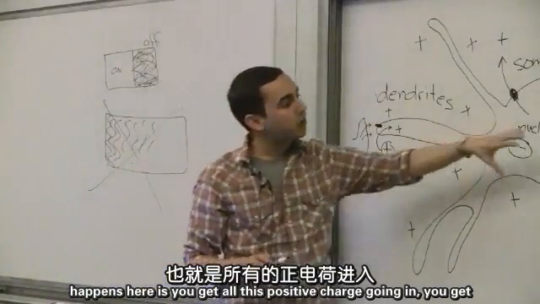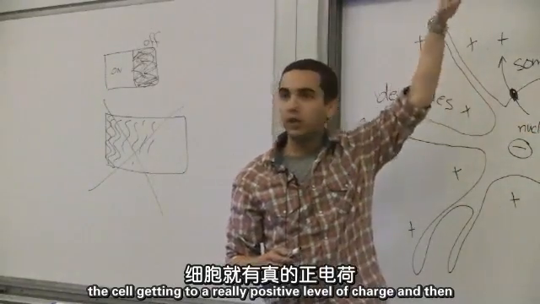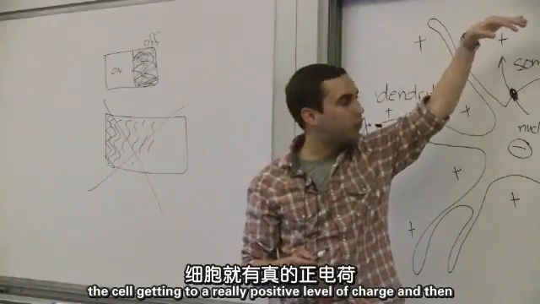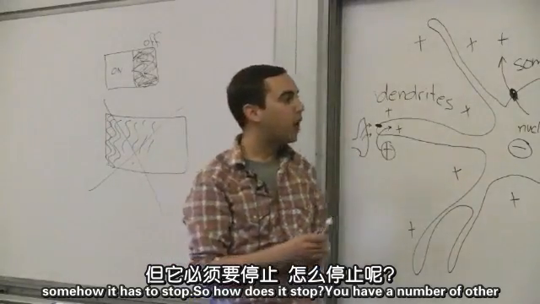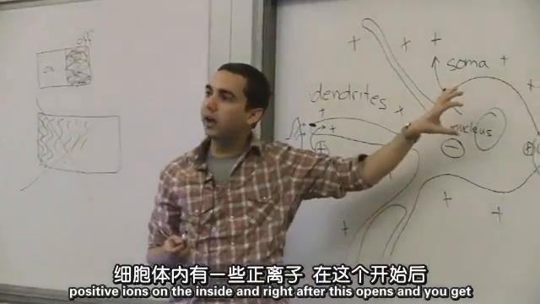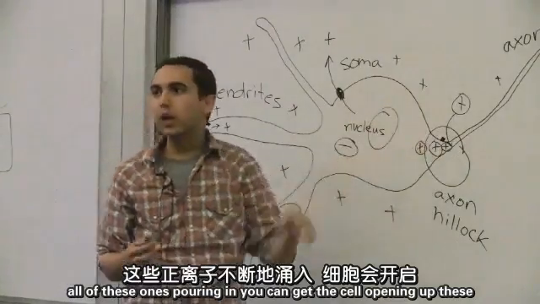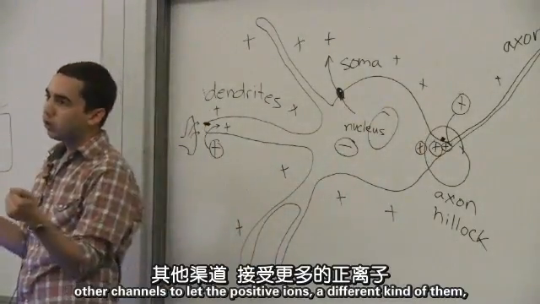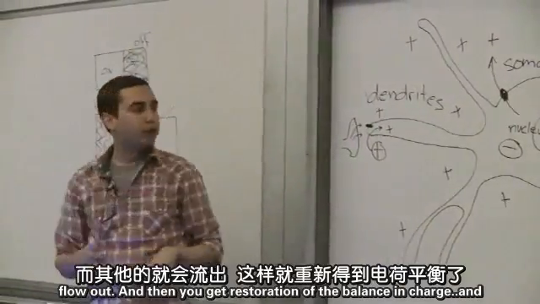And what happens here is you get all this positive charge going in, you get the cell getting to a really positive level of charge, and then somehow it has to stop. So how does it stop? You have a number of other positive ions on the inside, and right after this opens and you get all of these ones pouring in, you can get the cell opening up these other channels to let the positive ions, a different kind of them, flow out.